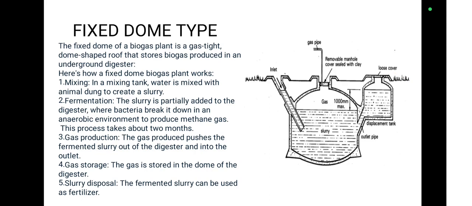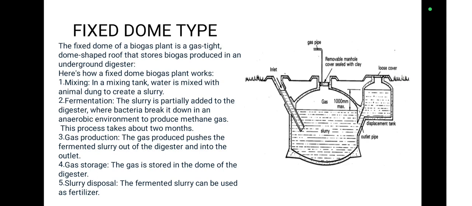How a fixed dome biogas plant works may be explained with the help of the diagram. First is the mixing process. In a mixing tank, water is mixed with animal dung to create a slurry. Then the slurry passes through the inlet pipe into the digester. Here, the fermentation process takes place.